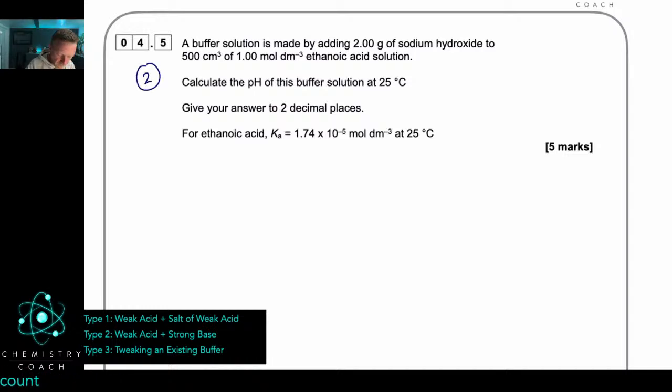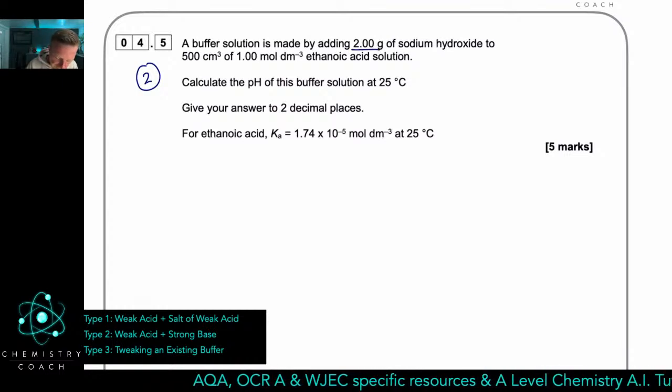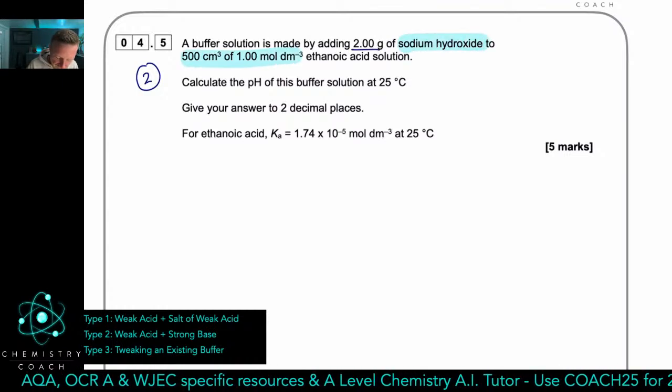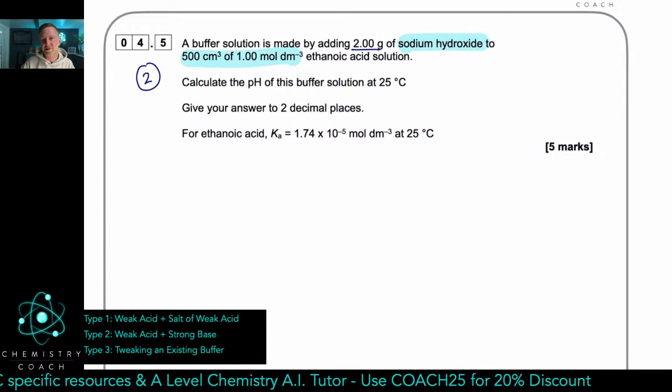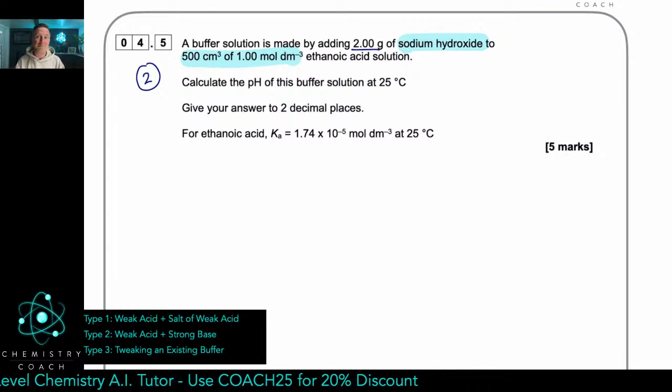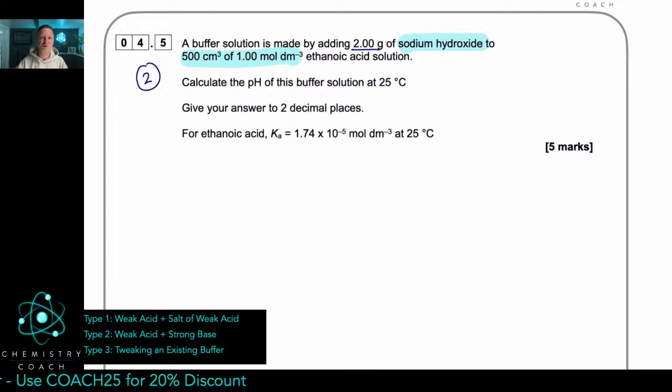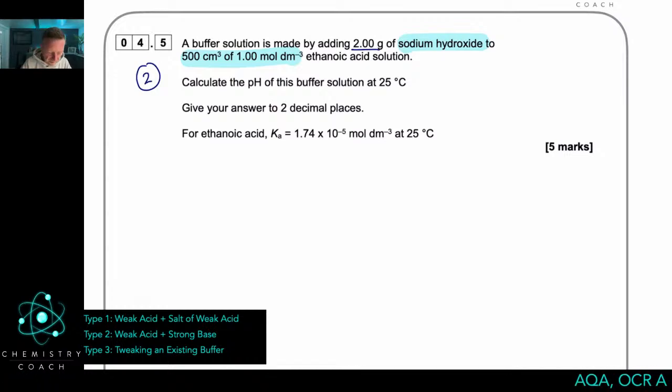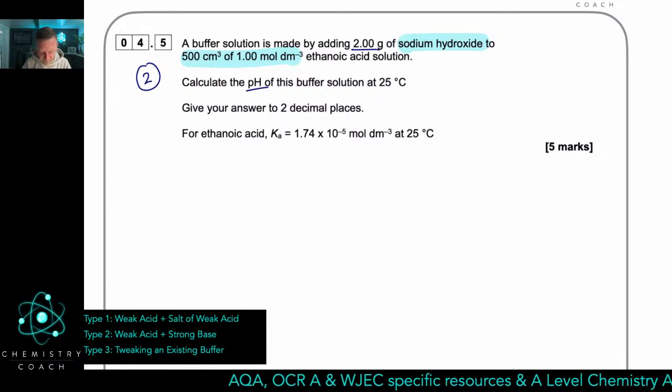This is a nice straightforward one because I just want to show you the basis of how to do this. So a buffer is made by adding 2 grams of sodium hydroxide to 500 centimeters cubed of 1 molar ethanoic acid solution. This is a really good example of what I mentioned before, in that they're adding a solid to a solution, so we're assuming that there's no change in volume. We need to calculate the pH of this buffer.